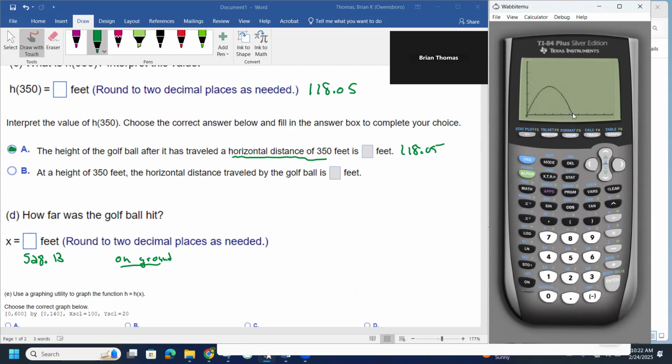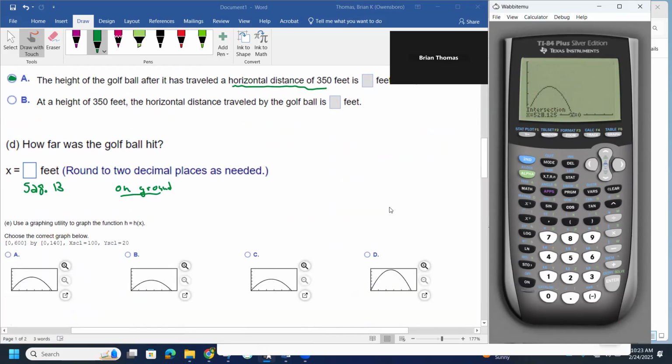So if I can find this point of intersection here, that's also going to be my answer. So if I go to second calculate, number 5 is a point of intersection. So first curve, enter, second curve, hit enter, guess, hit enter. It should take me to that point of intersection where x is 528.13 feet. So that would give me the same spot.